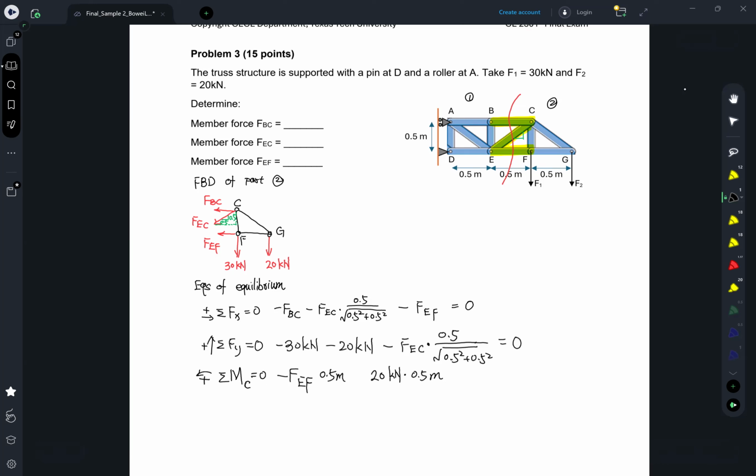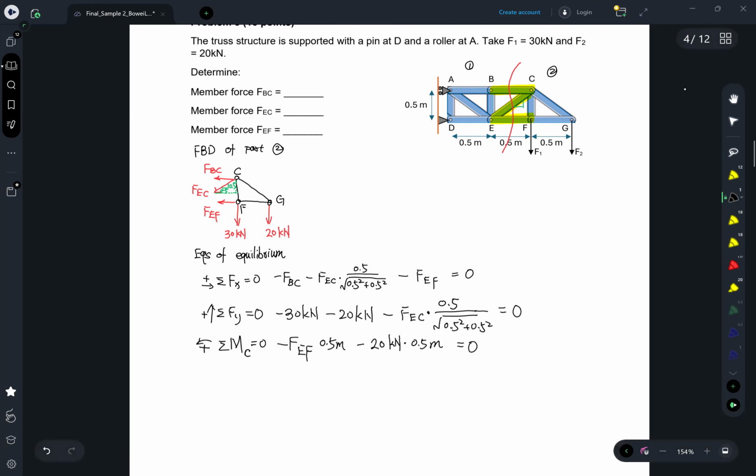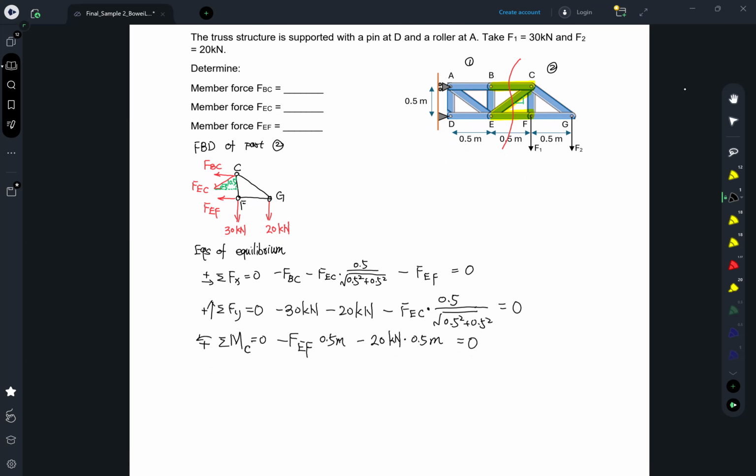Is it positive or negative here? Again, it is clockwise, so it is negative. Now we have three equations, and we can go ahead and solve them. It is more convenient to solve the second and third equations first, and then substitute the solved unknowns into the first equation, right?